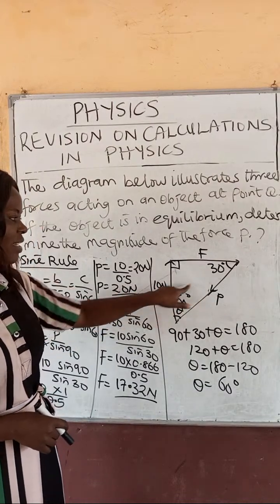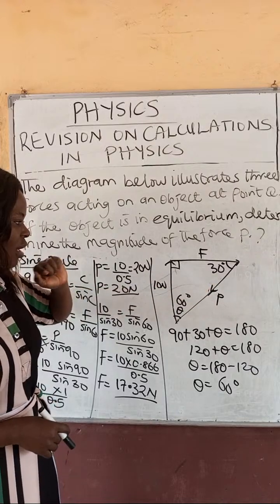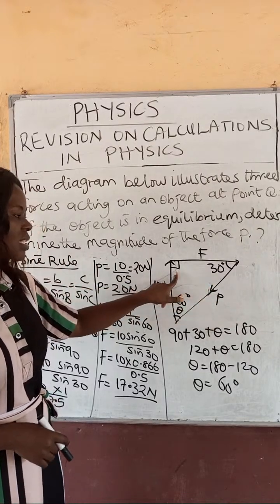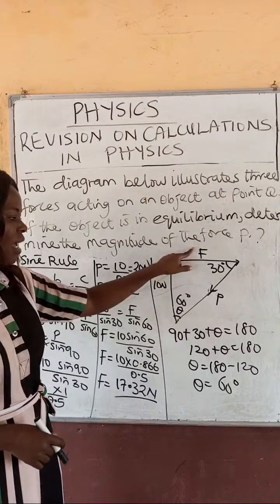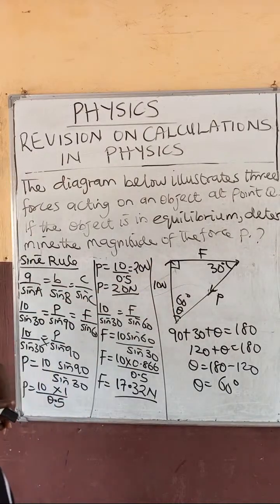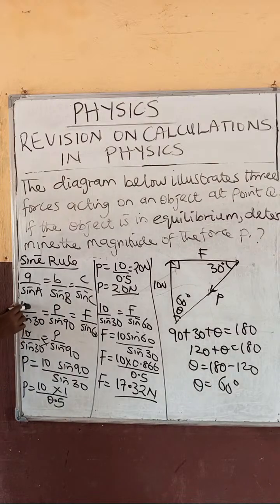So this 10 over sine angle 30 is equal to P over sine angle 90 is equal to F over sine angle 60, right? And this is what I just have. Now, because this one is complete, we can equate this and this by saying 10 over sine 30 is equal to P over sine 90, right? Now, we do cross multiply.